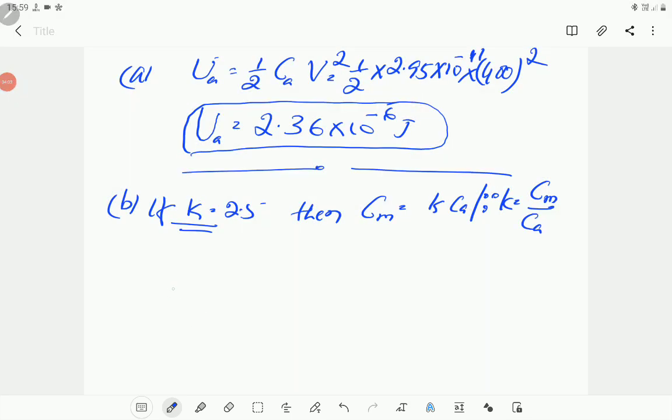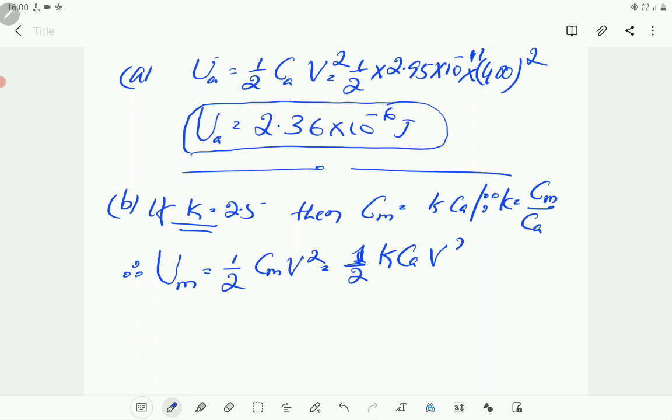Therefore, let's write the expression for energy stored with medium. Energy with medium is half of capacitance with medium, potential difference is the same, V square. So what is the value of Cm now? Cm is K times Ca into V square.